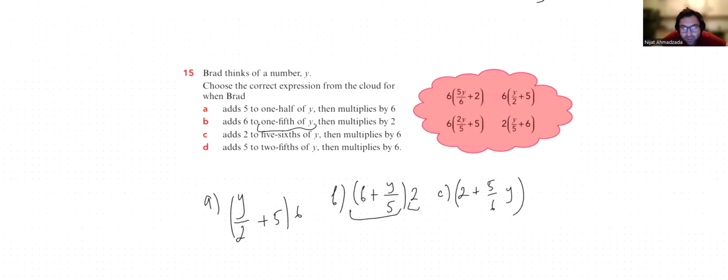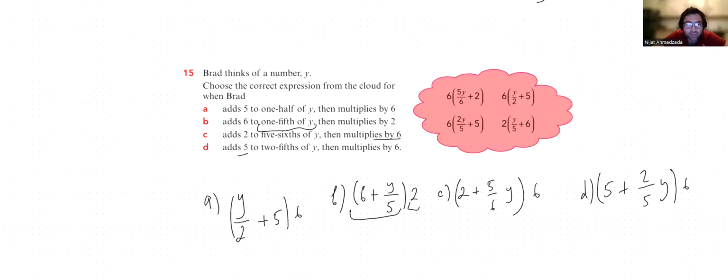Then multiplies it by 6. Part D. She adds 5 to 2/5 of y, then multiplies it by 6.